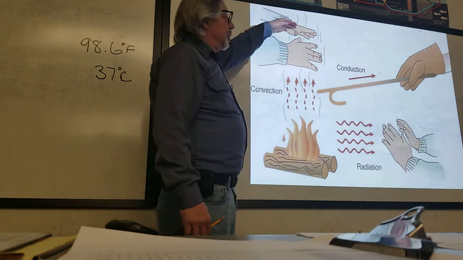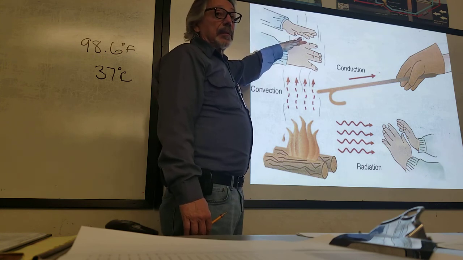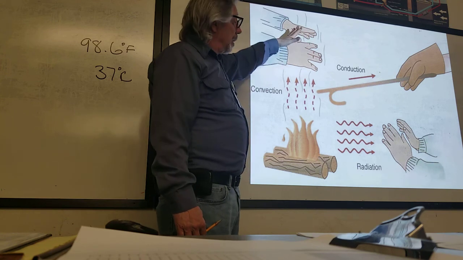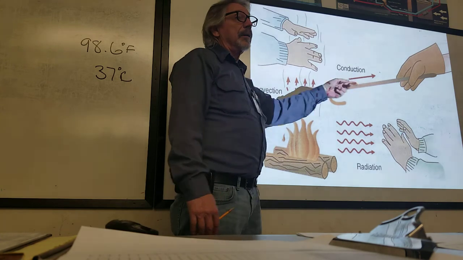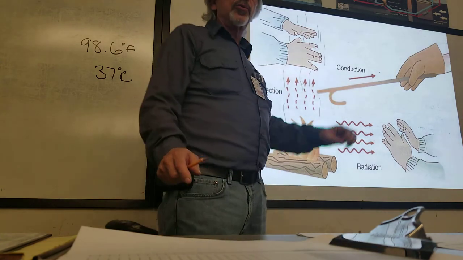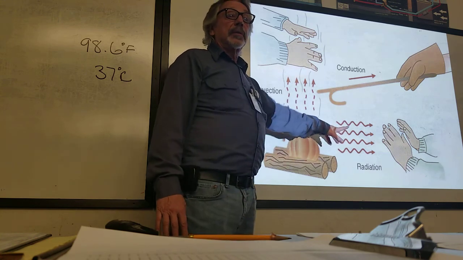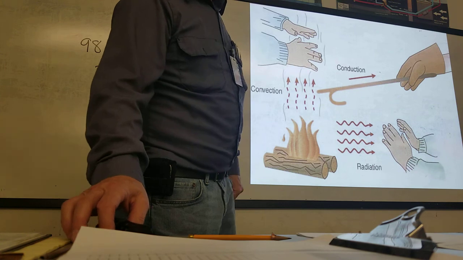The heat you feel when you put your hands on top, that's convection, because it's heating the air and you're feeling the hot air, right? And of course the conduction is the rod that's actually in the fire that's making the heat transfer. So those three, all on the same heat source, three different types of heat transfer.